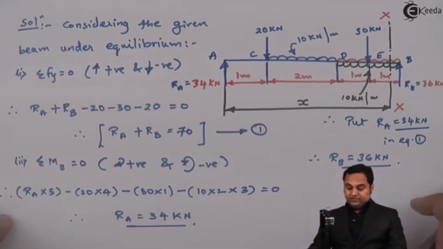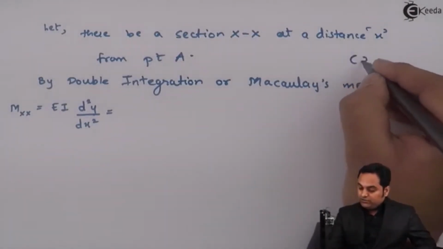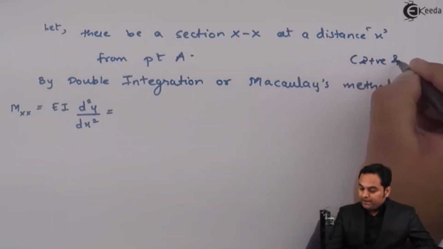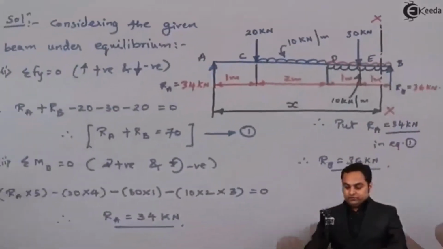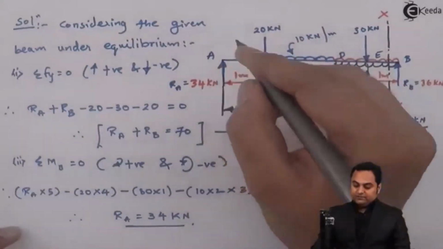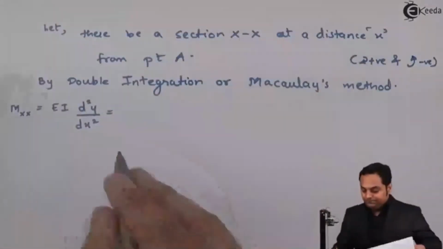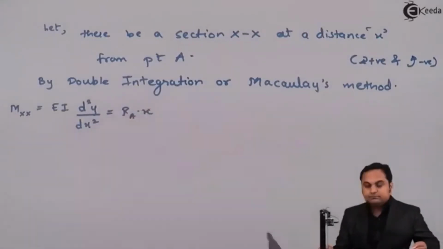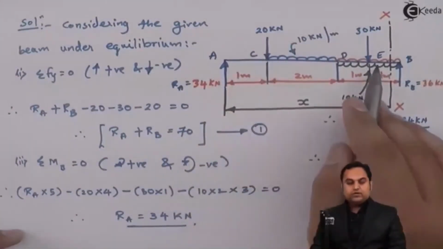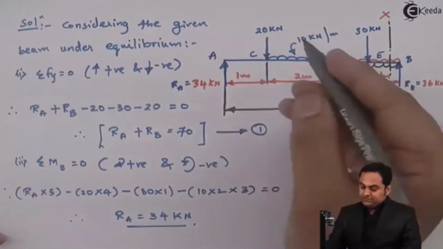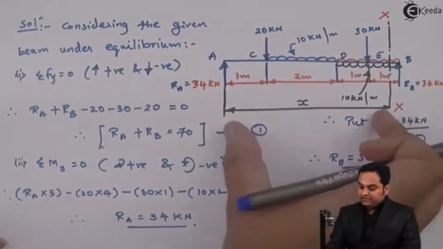The first thing is, when I am taking the moment, here again I'll take clockwise moment positive and anti-clockwise moment negative. So the first thing is RA, and it produces clockwise moment. So it is RA into X. Next we have 20, which produces anti-clockwise moment. The distance between 20 kilonewton and XX section is X minus 1.